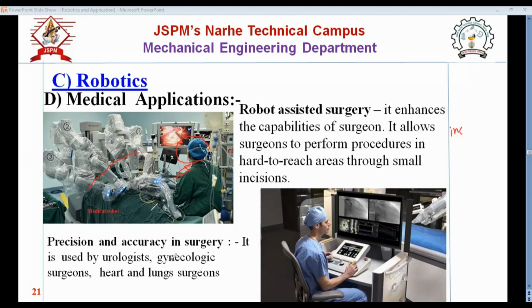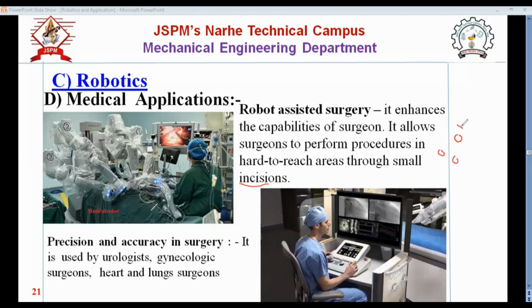Generally, robot assisted surgeries are performed in the field of urology, gynecology, heart and lung surgery, knee surgery, and abdomen surgery. So we need smaller incisions, because these robots are in tubular form.